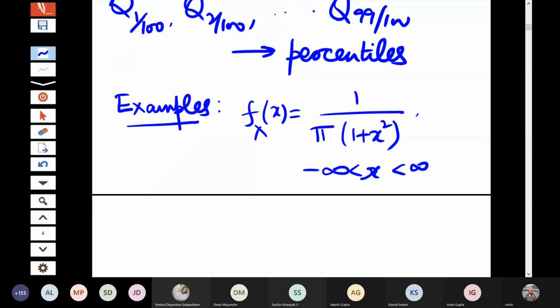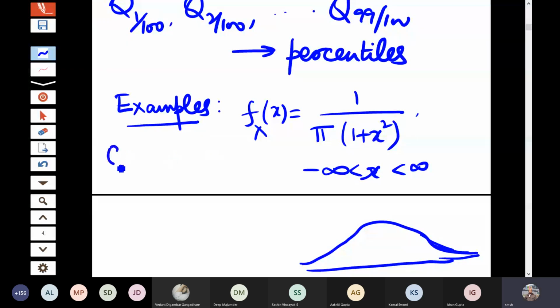If you draw this distribution, it will be something like this. It is actually known as the Cauchy distribution. And this is a perfectly symmetric distribution around the point 0.